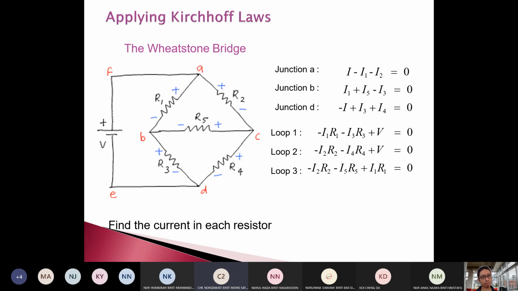Meaning that I1 plus I5 equals I3, or I1 plus I5 minus I3 equals 0.